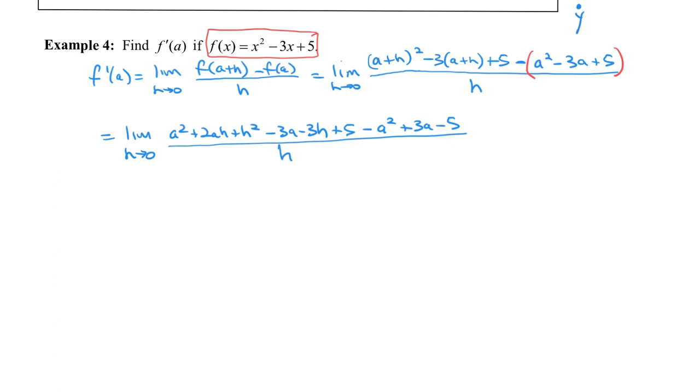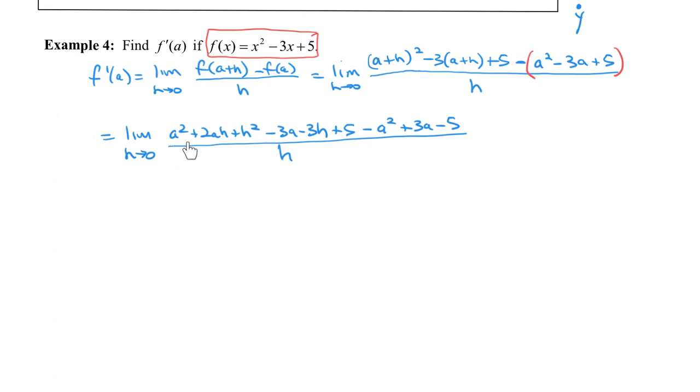When we do this, any term that does not have an h should cancel, because we need to have all h's left so that we can divide everything by an h to get out of the 0 over 0. Because these are all going to be 0 over 0. So if you try to take the limits, at any point you're going to get 0 over 0 until we clean stuff up.